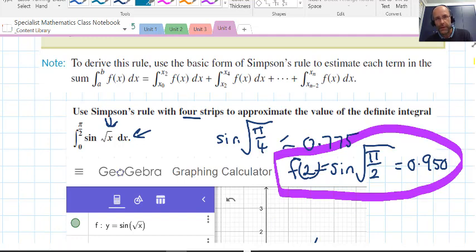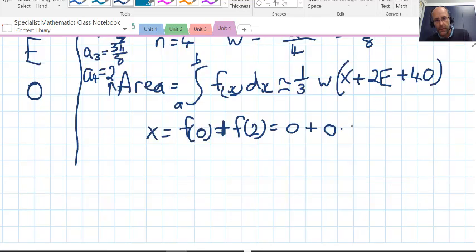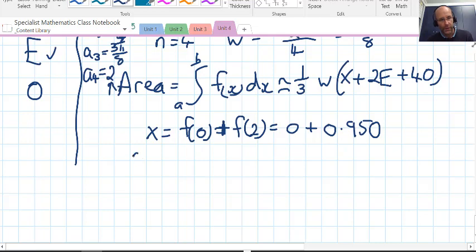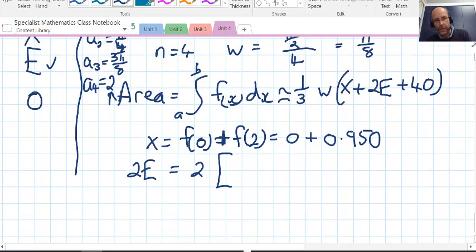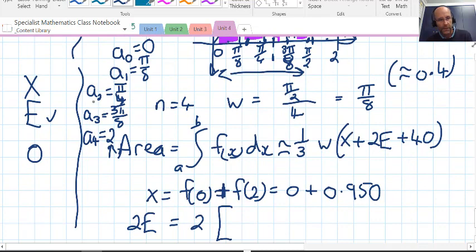Okay, so you'll see that number go in now. So 0.950. Okay, and we keep going. I'll go a bit quicker now. So we want to get E, but really we want to get 2E. So I might as well put the times 2 there, because that way it'll go straight into the formula. And there's only one even ordinate, okay? And it's the A of 2. All the others are either ends or they're odd.